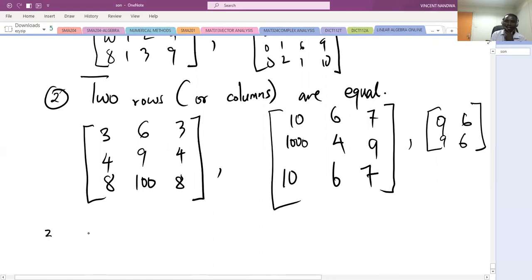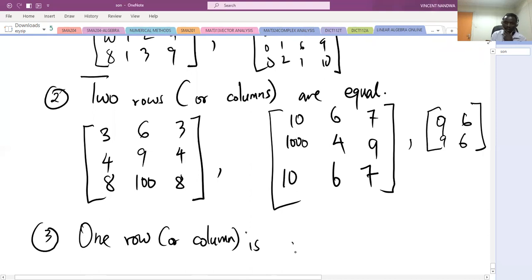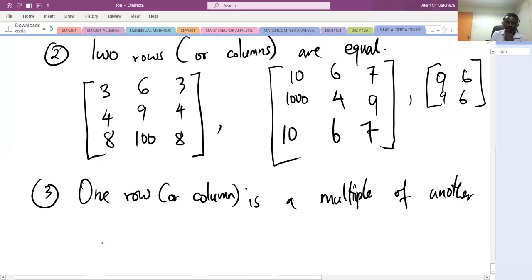And lastly, number 3, one row or column is a multiple of another row or column.